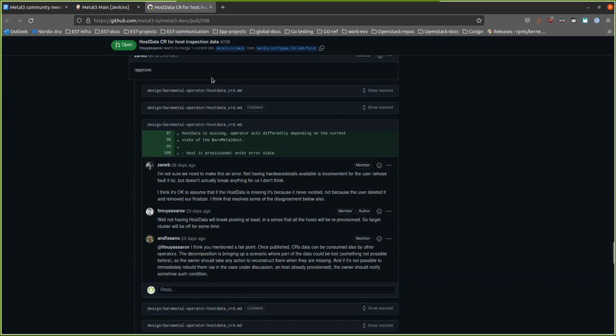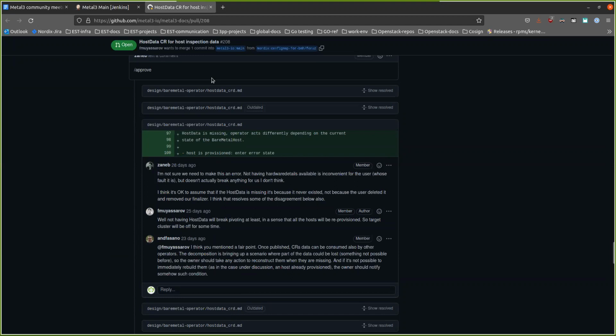And I still think it's good to have this as it is, to enter the error state, because as mentioned there, this whole idea came to my mind specifically for pivoting. And if we don't enter into the error state, then the user has no idea whether it's good or bad to go for the pivoting.